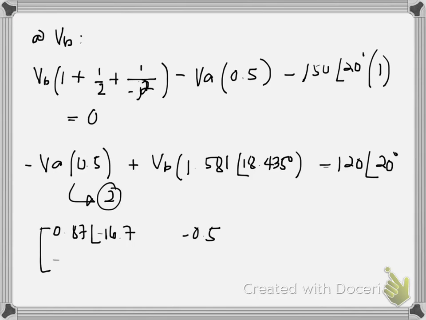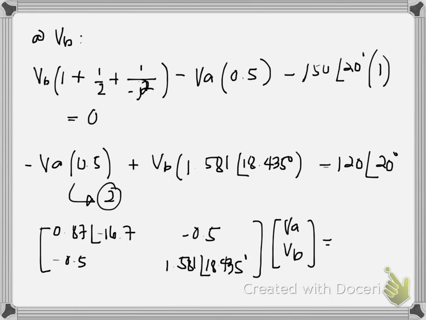The other elements, we have 0.5 and 1.581 angle 18.435 with VA and VB equals 37.5 angle minus 70, and 150 angle 20. Correction, this is 150.